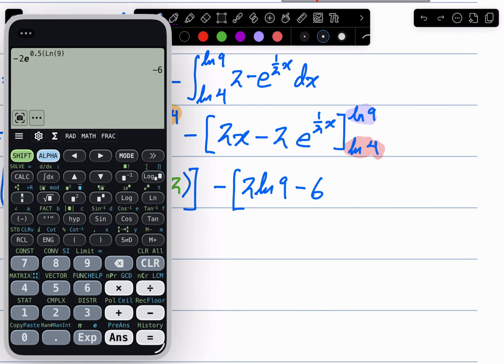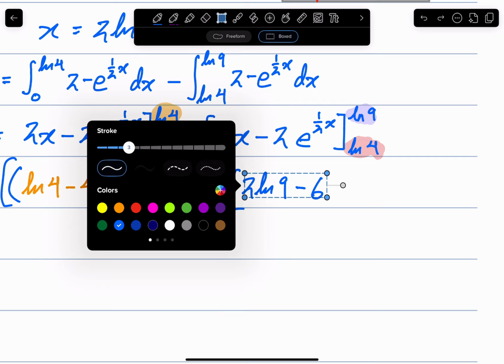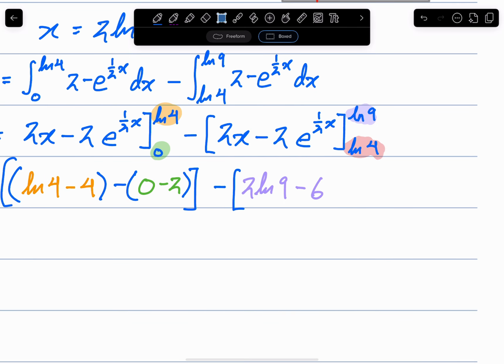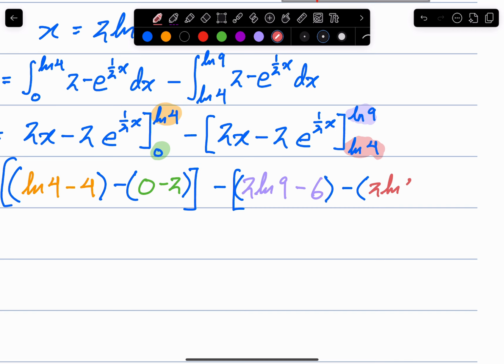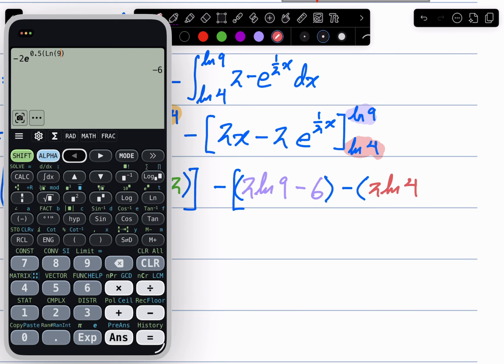This gives me negative 6. Oops, I forgot to color code this one. All of this is just the substitution of ln9. From this, we need to subtract the substitution of this ln4. So this is going to become 2 ln4. I'm checking my calculator for this one.